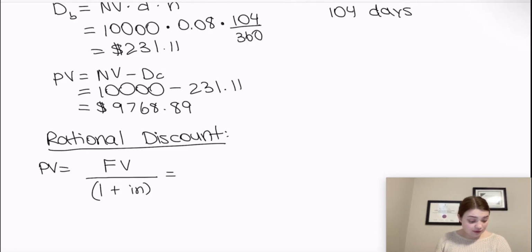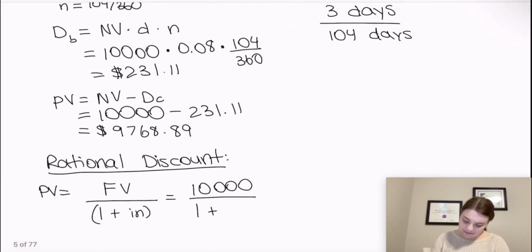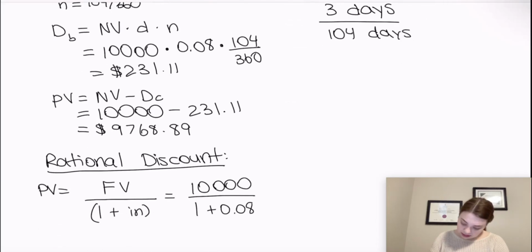And then the future value is $10,000, right? That's the same as nominal value in this situation. So $10,000 over 1 plus I times n. So 1 plus, I think it was 8%. Yep, 8% times n, which was 104 over 360. And let's see what that is going to equal.